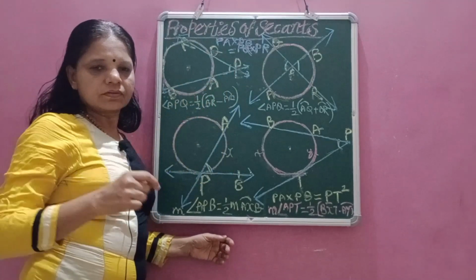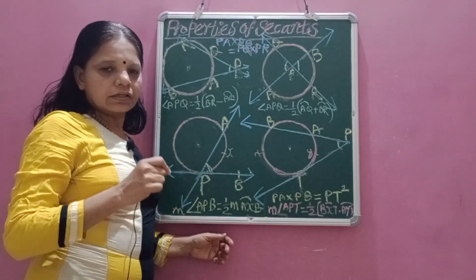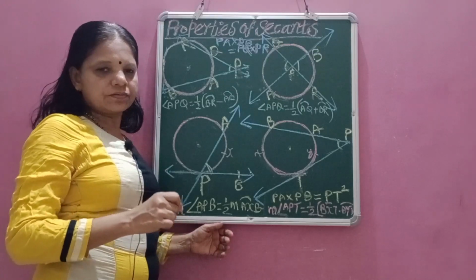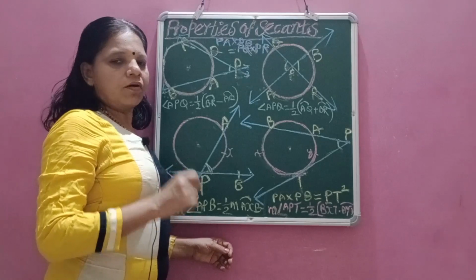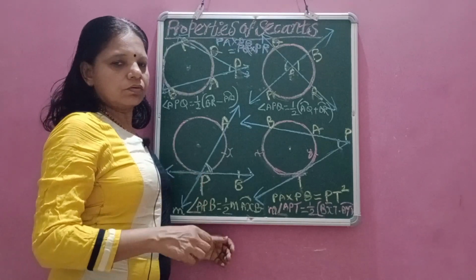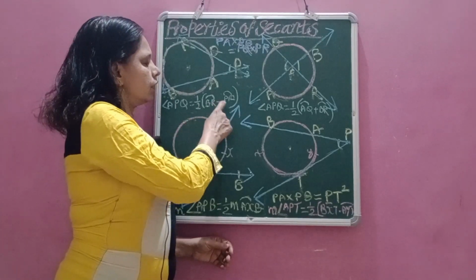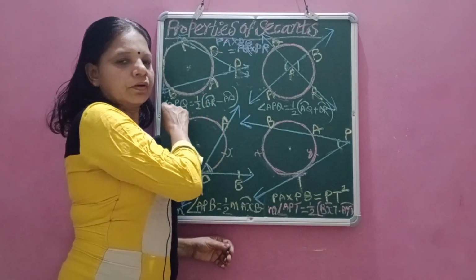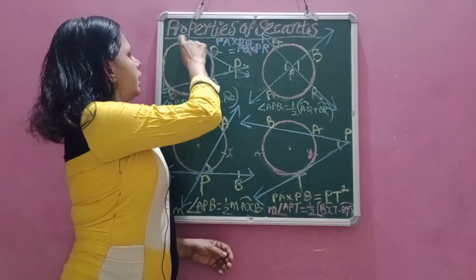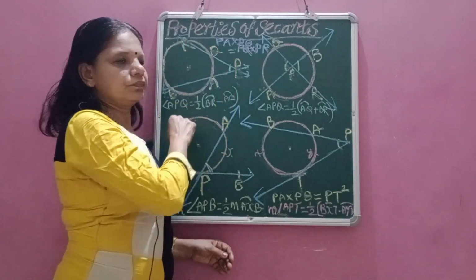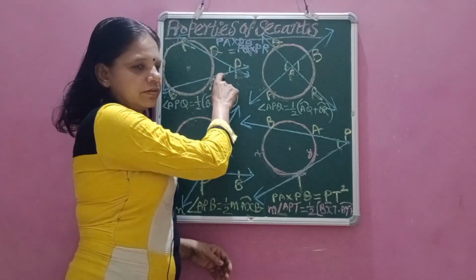If the point of intersection is in the exterior, the angle formed at that point is equal to half the difference of the measures of the intercepted arcs BR and AQ. Clear? If it is in the exterior.